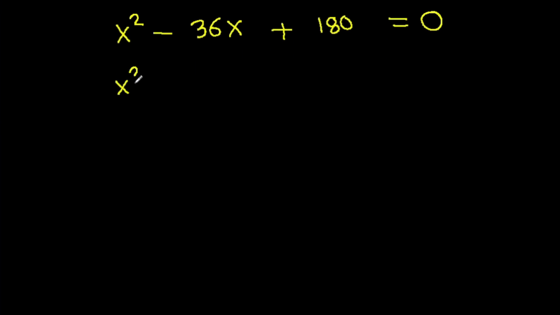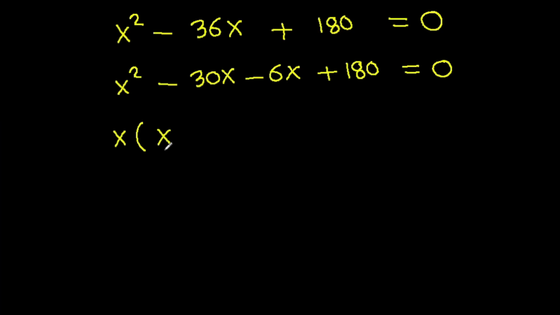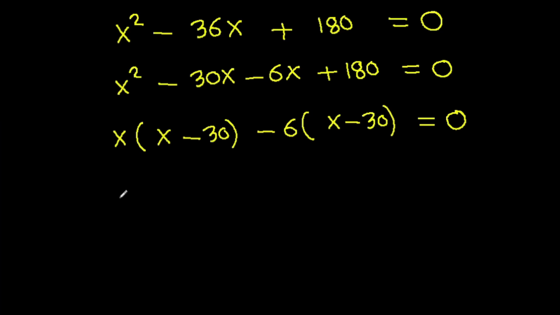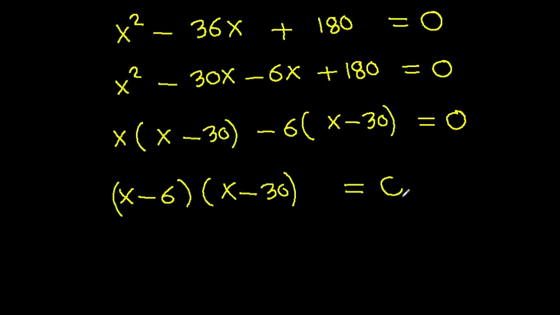It is X square, and minus 36X is minus 30X minus 6X plus 180, it is 0. It is X times (X minus 30) minus 6 times (X minus 30) is equal to 0, and it is (X minus 6) times (X minus 30) is equal to 0.